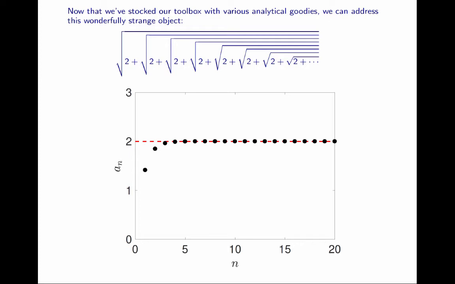The first theorem we talked about today says if a sequence is bounded and monotonically increasing, it must converge. So let's use that idea as a strategy. Let's prove convergence by showing the sequence to be bounded and monotonically increasing.